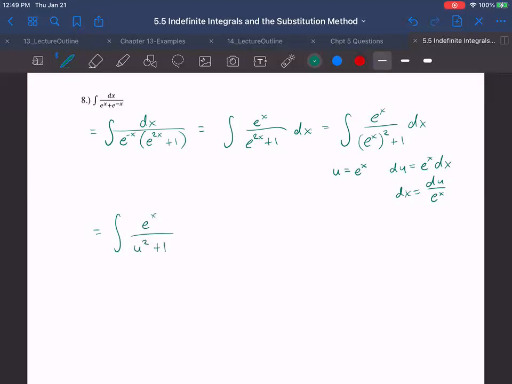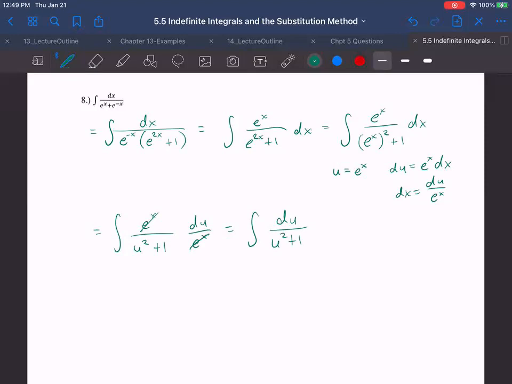And then dx becomes du over e to the x, like that. And what happens to my e to the x's? They cancel. And so I'm just taking the integral of du over u squared plus 1.